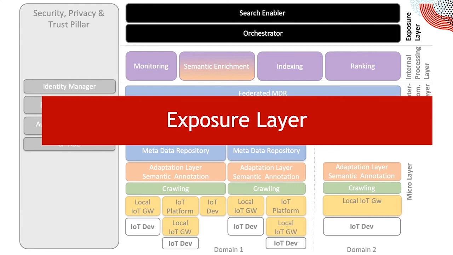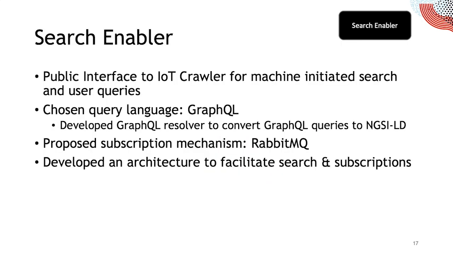The latter is the search enabler and is the one which provides an API for accessing the resources of the IoTCrawler architecture. It also provides a subscription mechanism based on RabbitMQ for notification on update over the information stored in the platform.